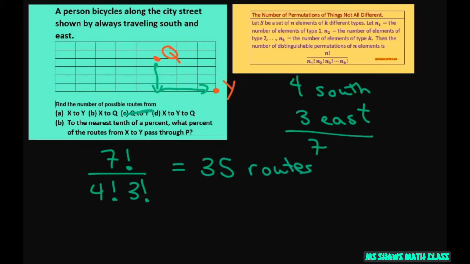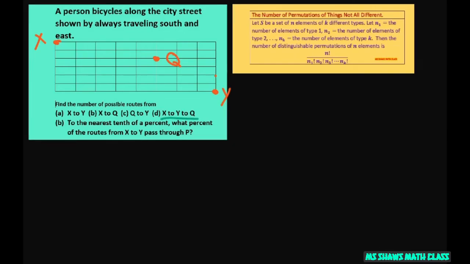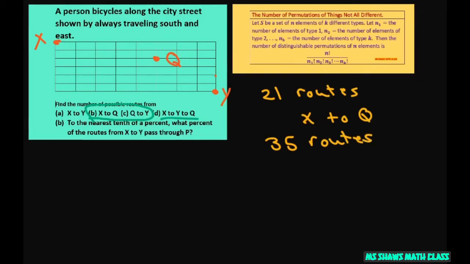So that's that one. And D, X to Y through Q. For that one, we're going to use parts B and C, so we're going to use these two. That was 21 routes from X to Q and 35 routes from Q to Y. All you do is multiply these two, using your counting principle, or multiplication principle.